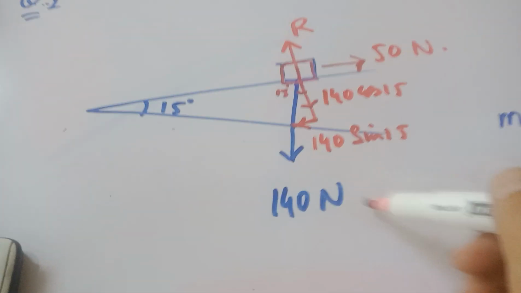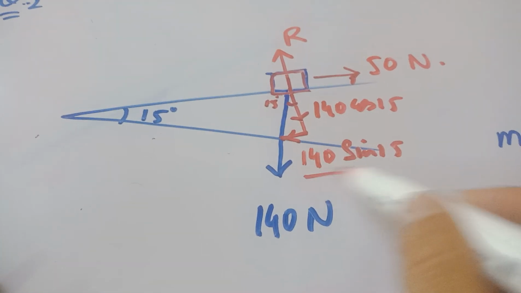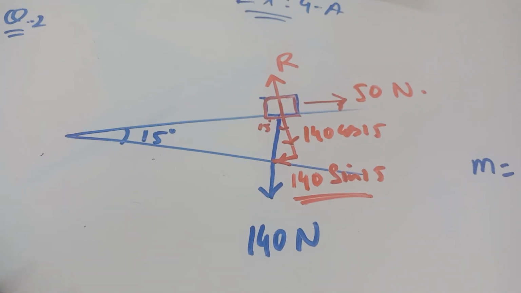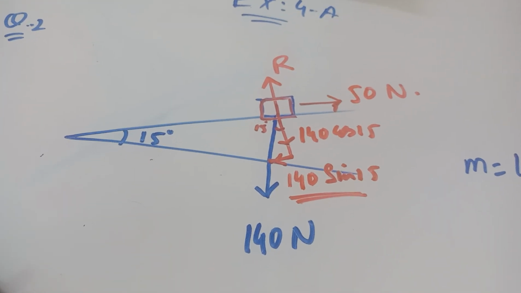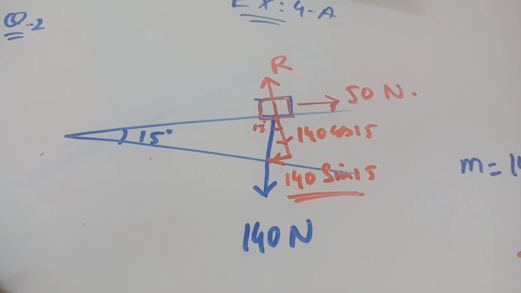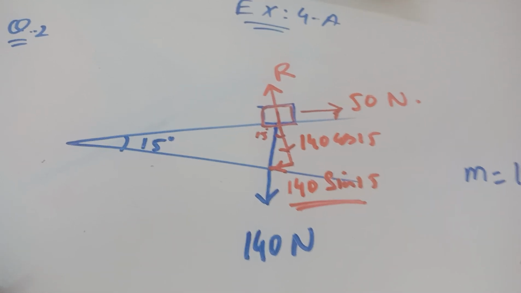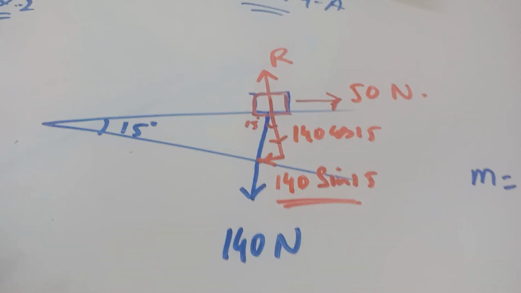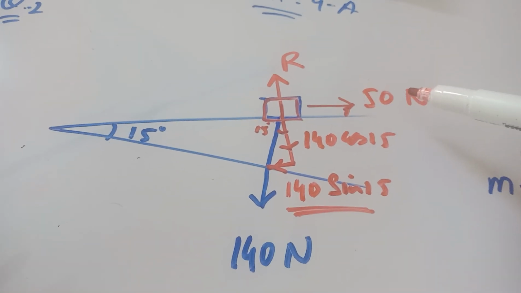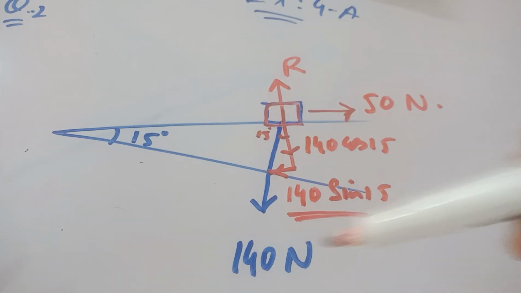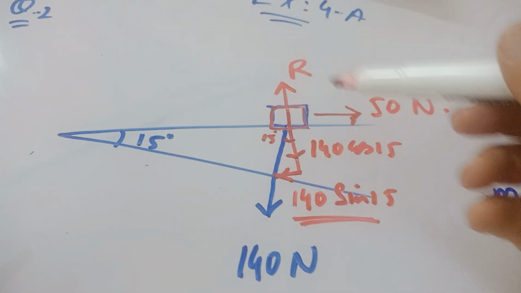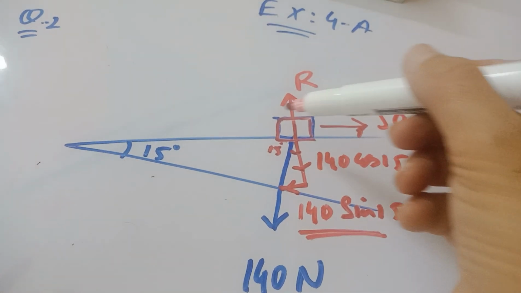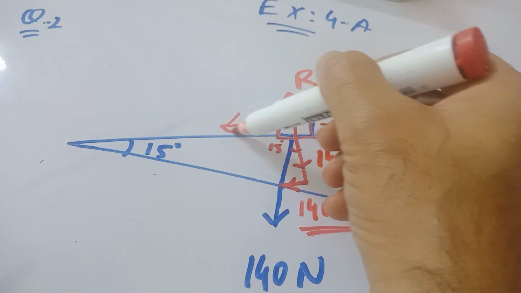Now this component of weight which is 140 sine 15 is 36.2. So what do you think, where is the greater force? Is that up the plane or down the plane right now? So that is up the plane, obviously 50 Newton. So why is this block not moving? Now the greater force is acting upward, so the frictional force would be down the slope.